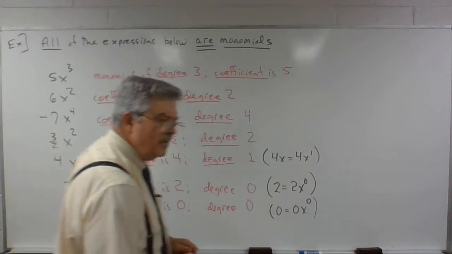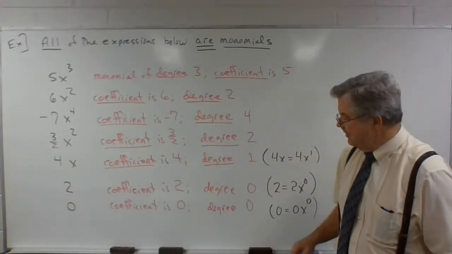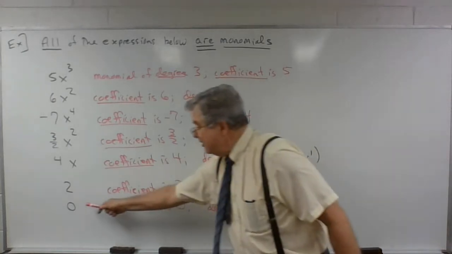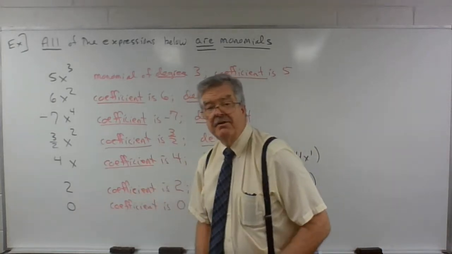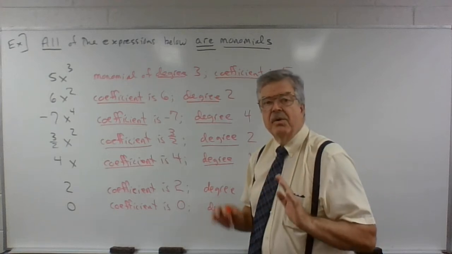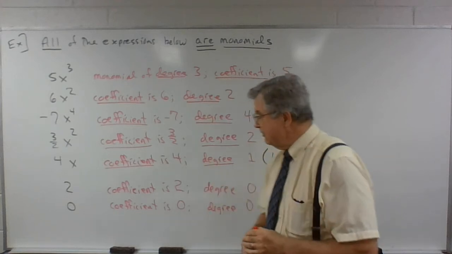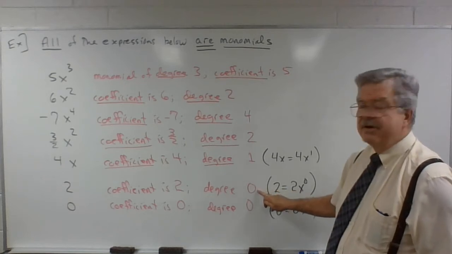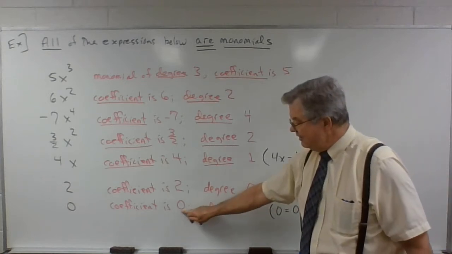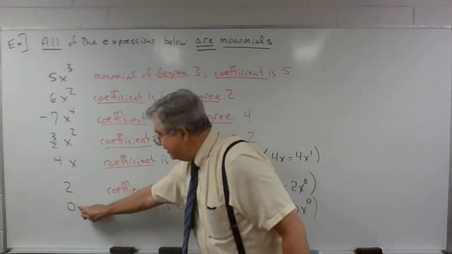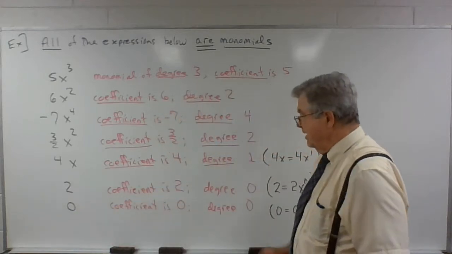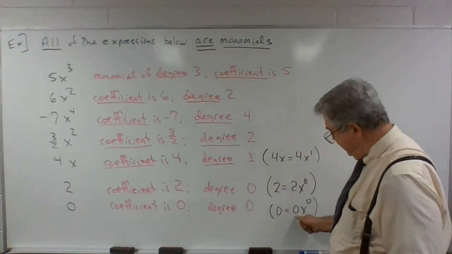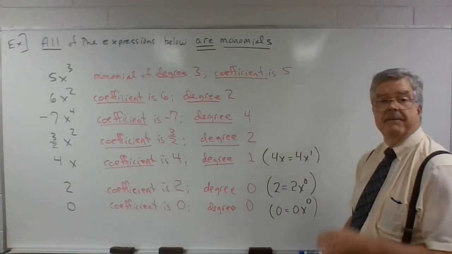And I'll tell you why I opt for saying that the degree is 0. This is a constant, and just to be consistent with all other constants, for all other constants, the degree is 0. So we'll just say that the constant 0 is a monomial of degree 0 also. 0 times x to the 0.